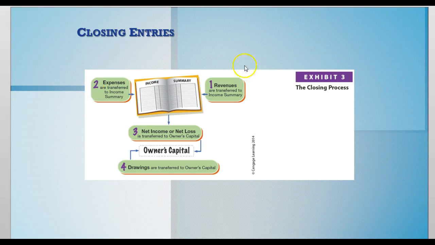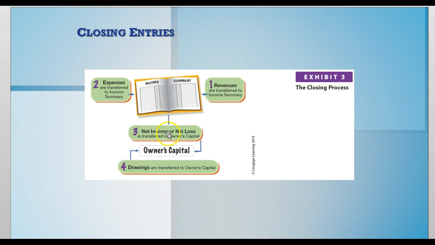You're going to take your revenues, that account, you're going to debit it, and put it into an account called the income summary. You're then going to take the expenses, credit that account, and debit that amount into the income summary.